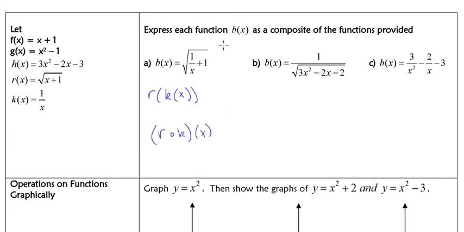All right. Second, you might notice that, hey, I've got pieces of the h function down here, but I have 1 over the square root of something else. And hey, I don't have 1 over the square root of something, but I do have 1 over. So here's k again. And where did I get my square root of something?